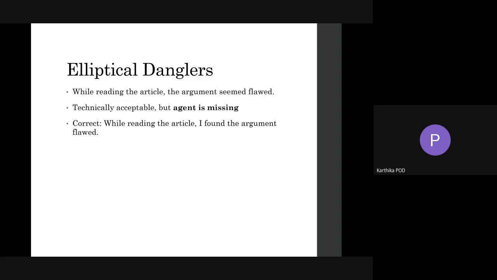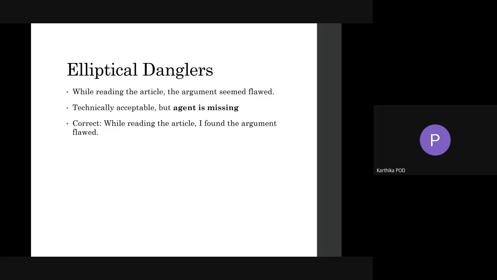I mean, dangling modifiers. While reading the article, the argument seemed flawed. How could this be rephrased? The question is, you have to ask who is reading the article. So it could be, while reading the article, he found the argument flawed, or I found the argument flawed.